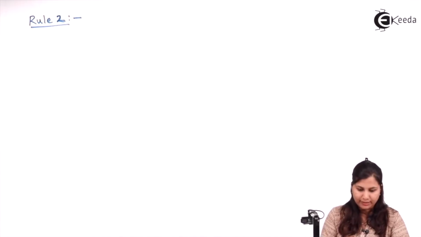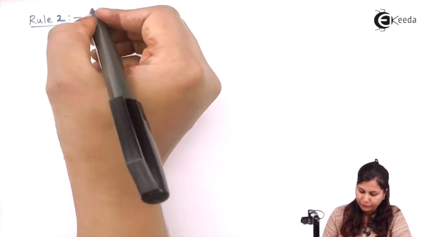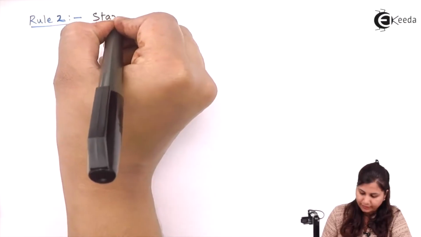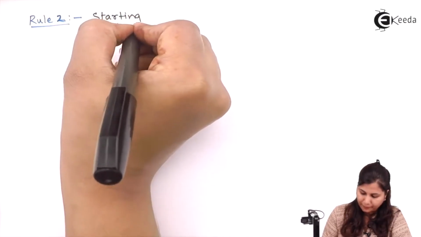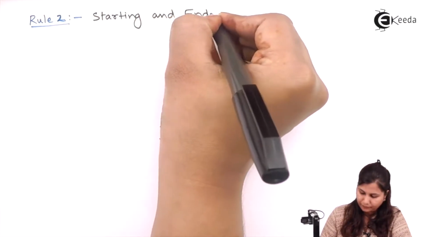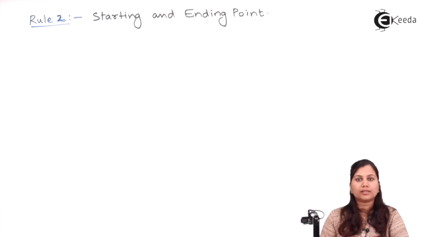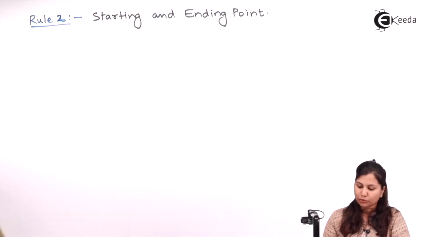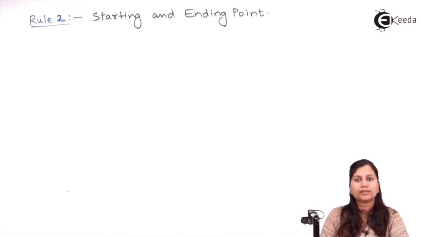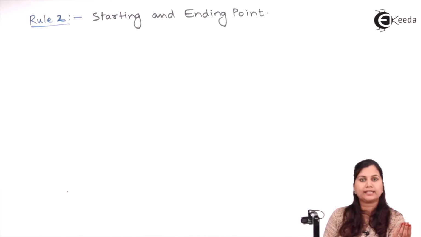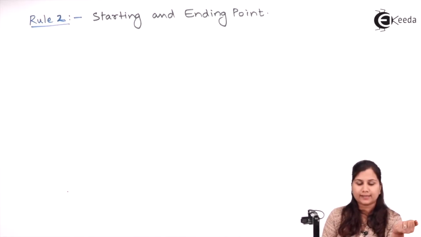So rule number 2 is the starting and the ending point. The root locus starts from the poles and it terminates at the zeros of the system. So the starting point of the root locus is the pole and the ending point is the zero of the system.